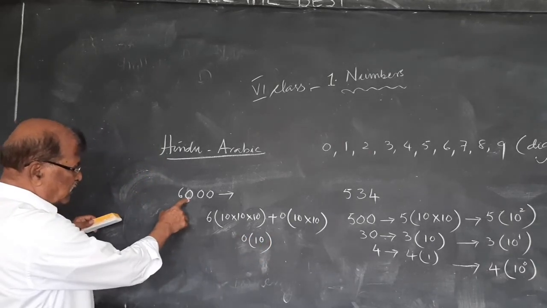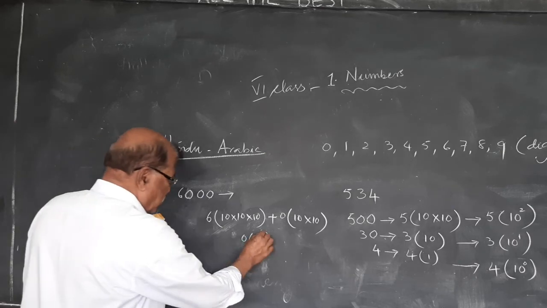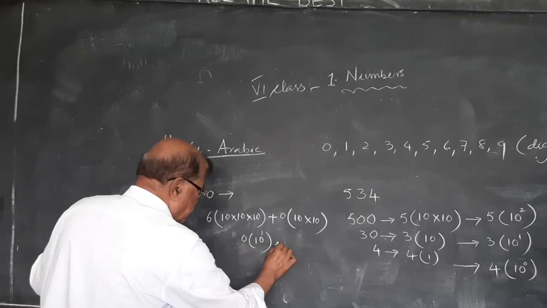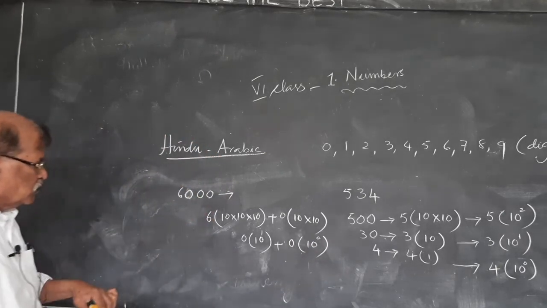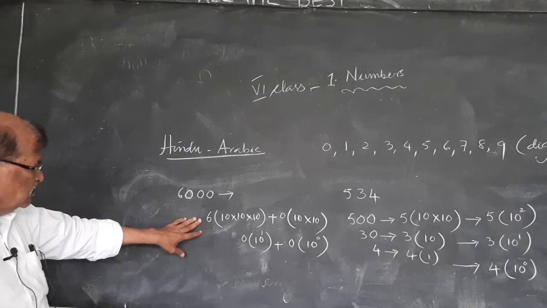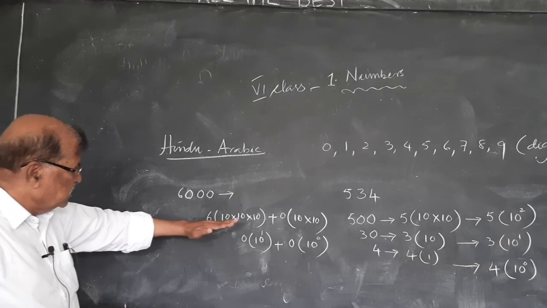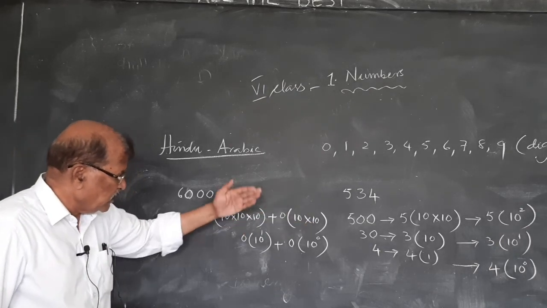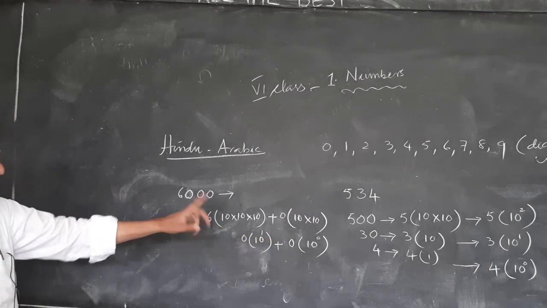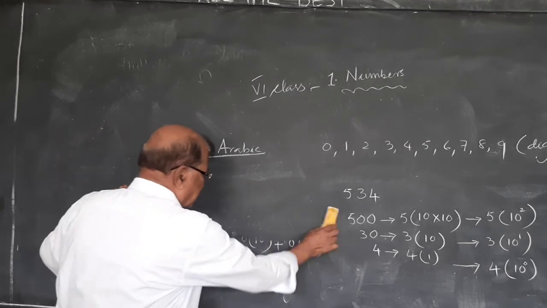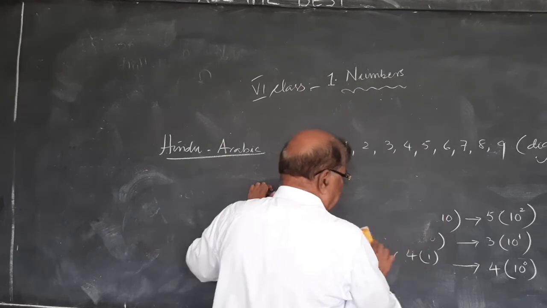And even in the units place, 0 into 10 to the power of 0, which is 1. Please observe this: 10 cube, 10 square, 10 to the power of 1, and 10 to the power of 0 is the units place. This is the way of writing the value of a number.